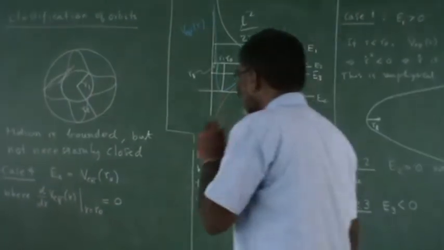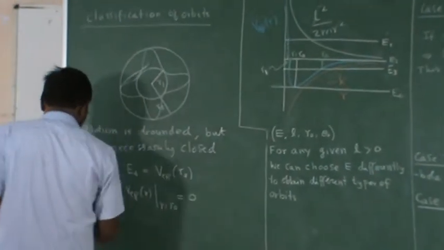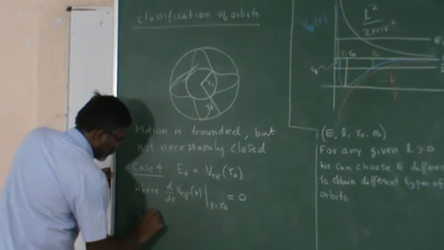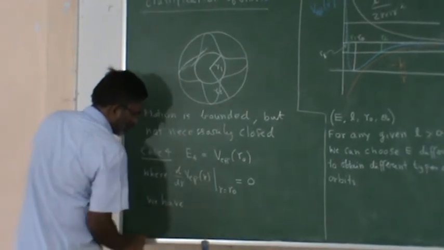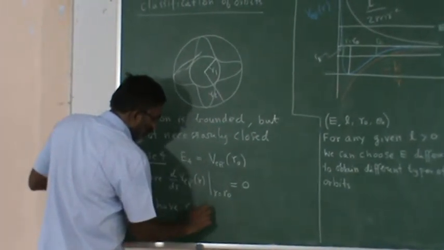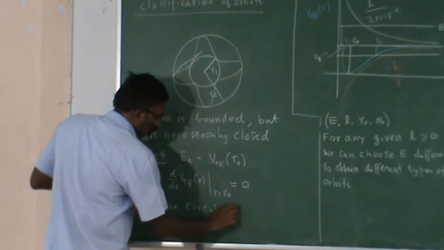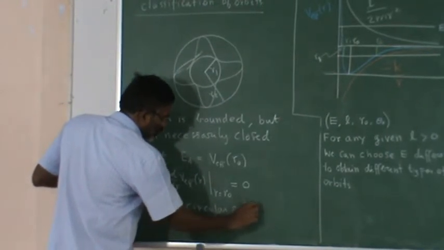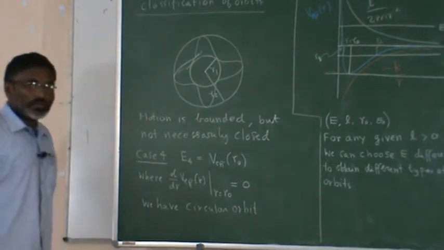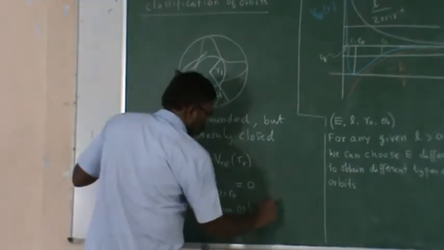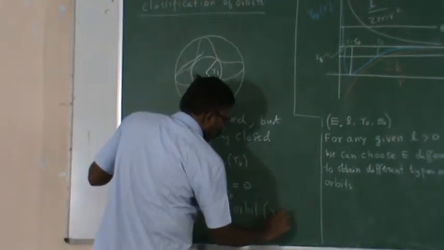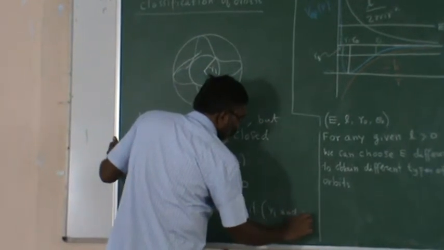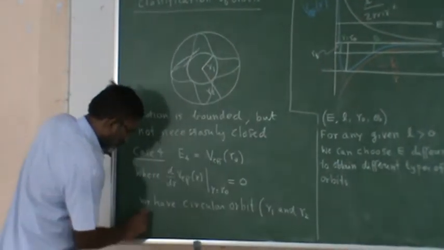Then we have a circular orbit. That is, R1 and R2 coincide.